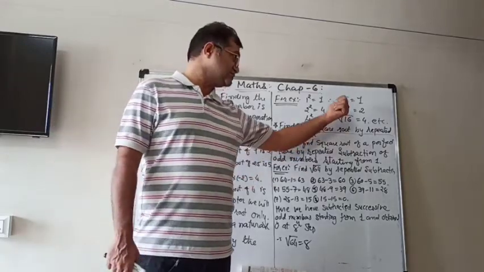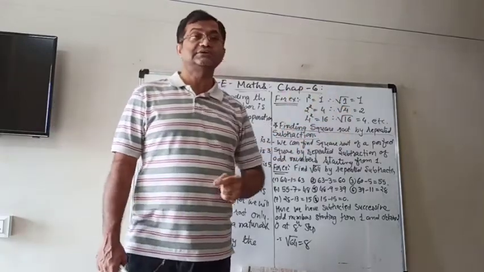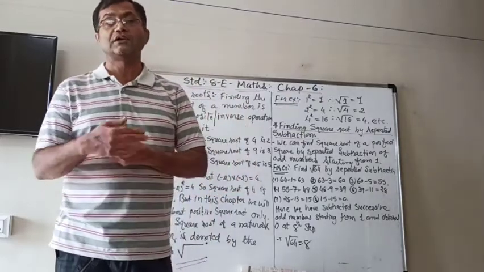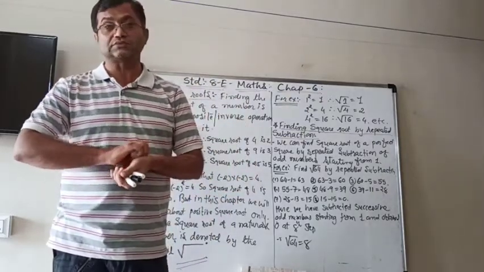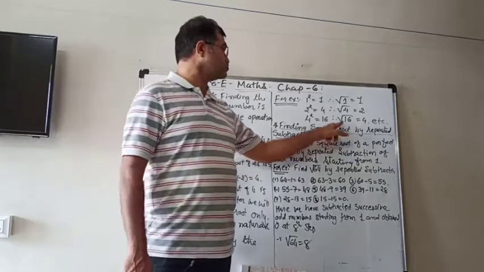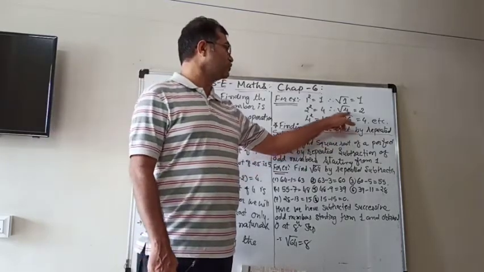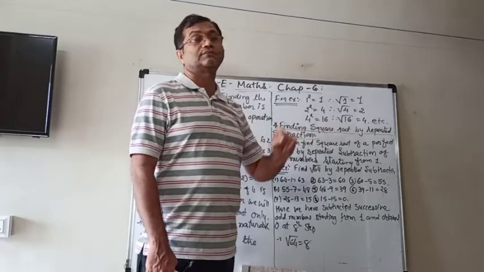Whenever there is this symbol over a number, we read it as square root: square root 16, square root 4, square root 1, etc.